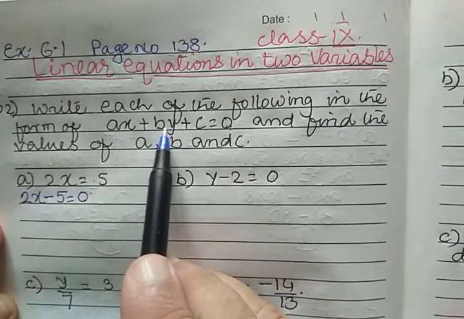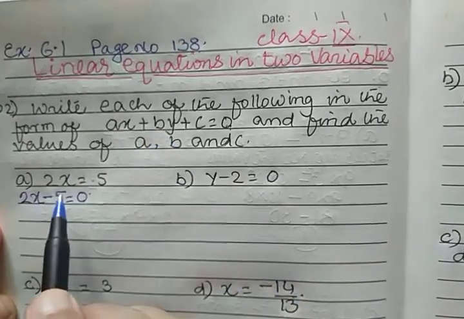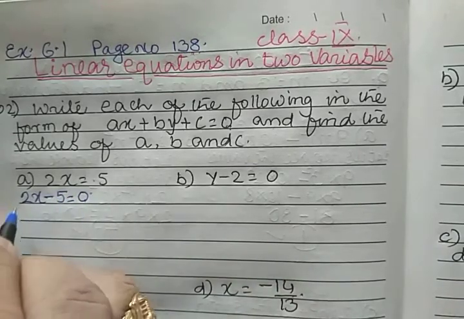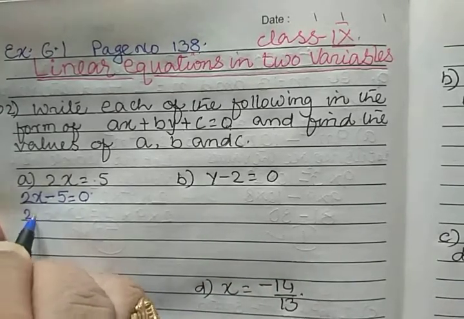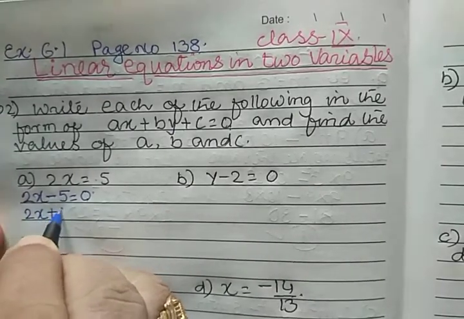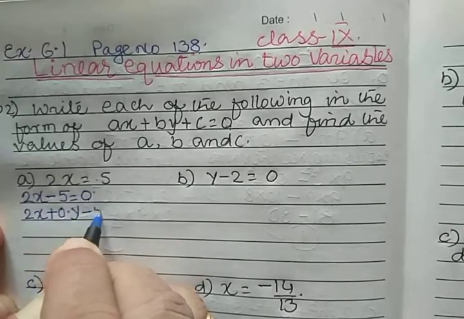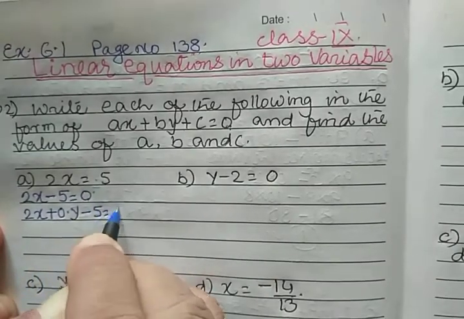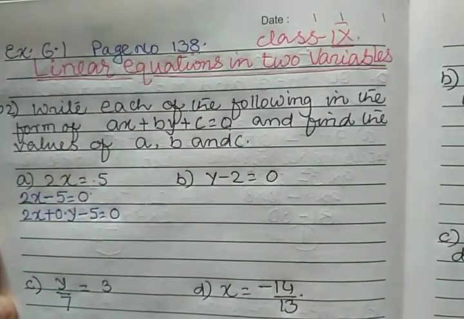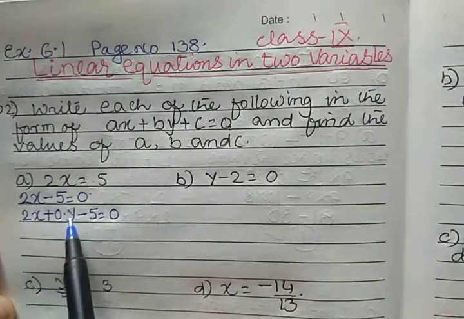So we can write 0y. 2x plus 0y minus 5 is equal to 0. 0 into y, 0. So 0y.